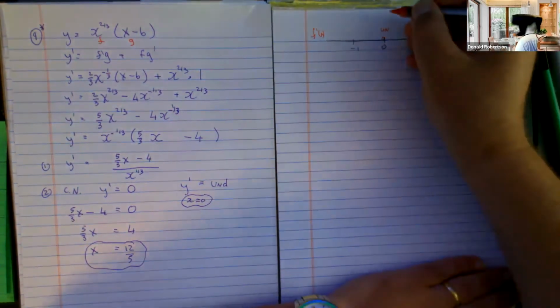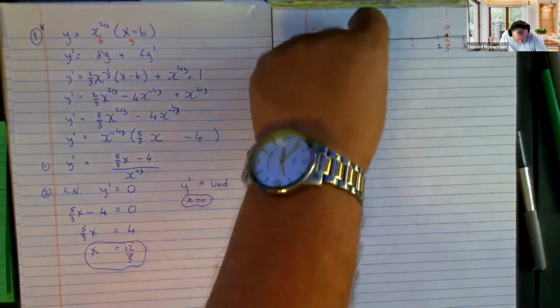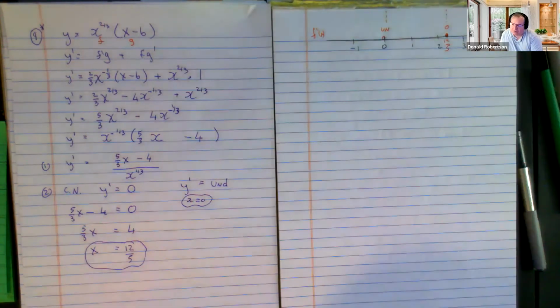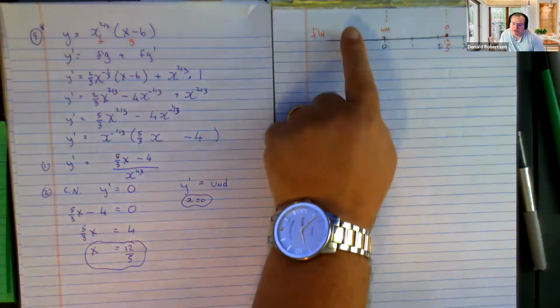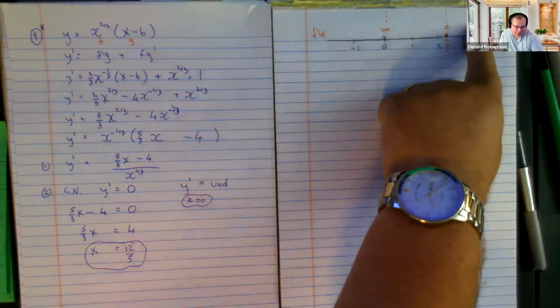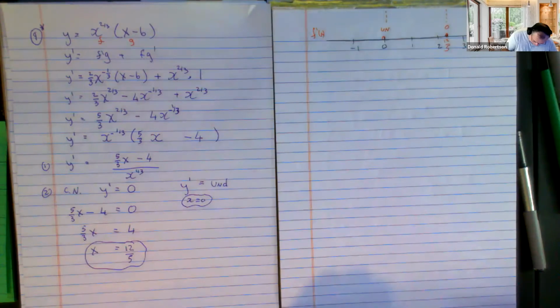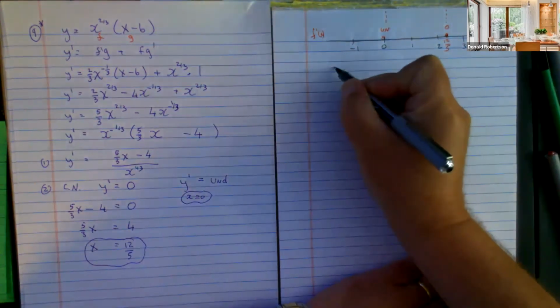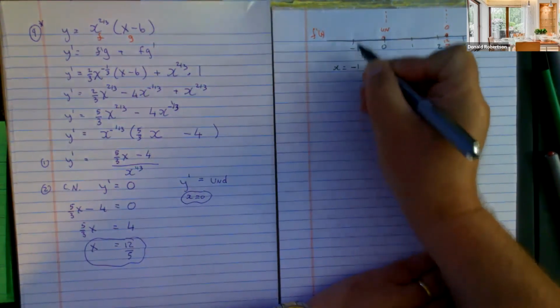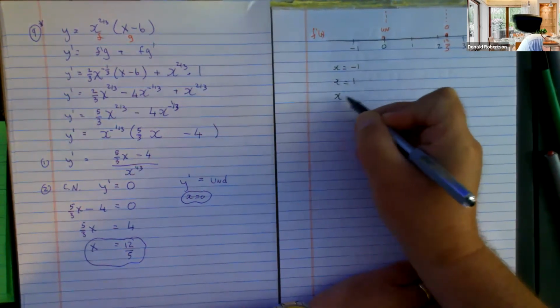So do you see that the two critical numbers have now separated the number line for this first derivative into 3 regions, right? A guy over here, a guy here, and finally a guy over here, right? Boom, boom, boom, boom. So I just need to do some test points. And I'm going to pick -1. I'm going to pick 1, and I'm going to pick 3.